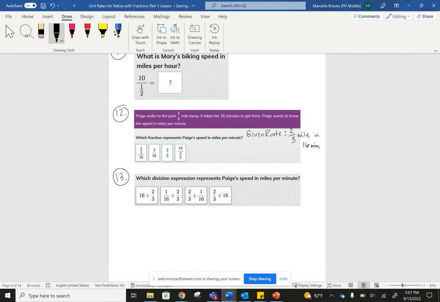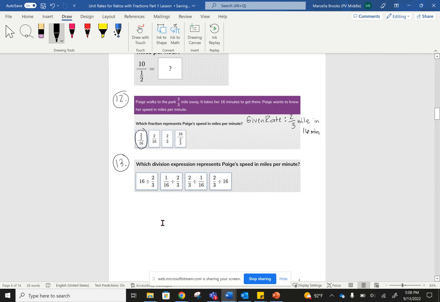Miles is on top, minutes is on bottom. So 2/3 mile is on top, 16 minutes is on bottom. Now for 13, I want you to figure out which one of those would work. Which one of those is equal to that right there? Raise your hand to check when you've got that.